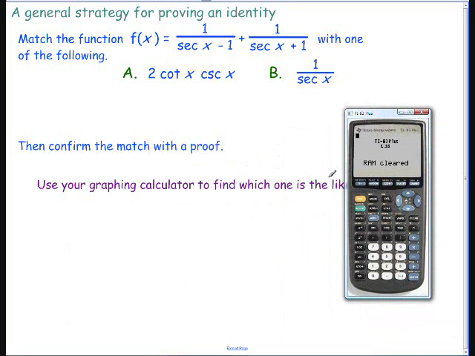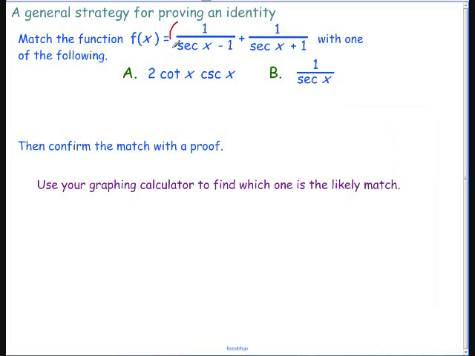How would we do that? I've got a default window, that's good. And we'll start with this expression here. I'm going to set up y1 equal to all of this. Let me get my calculator back.